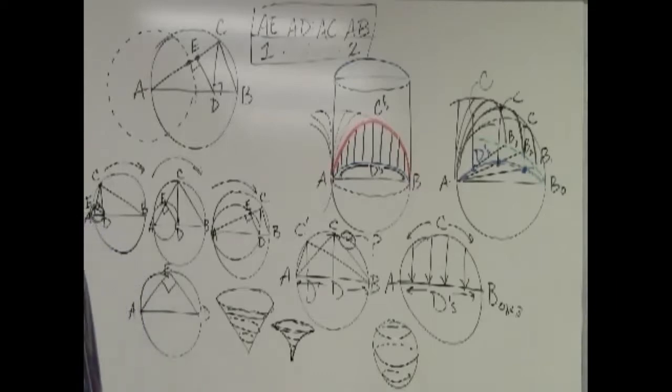Hey, Mike, I have an idea, and I actually haven't been through this before. I'm thinking that since D has to move along AB, and we've defined now a new AB that's not a line, but is the semicircle in the plane of the cut of the torus, that arc, that if you move D along that, that moves E in a way that's out along the cut of the cylinder.